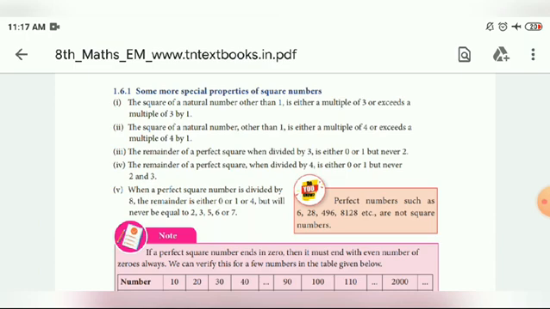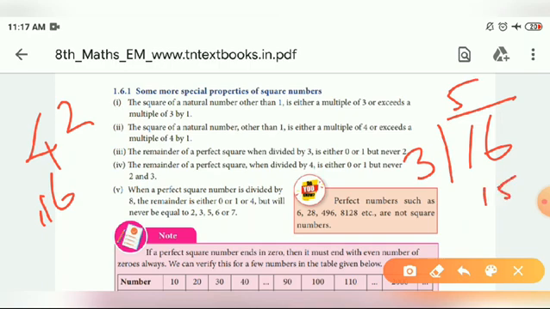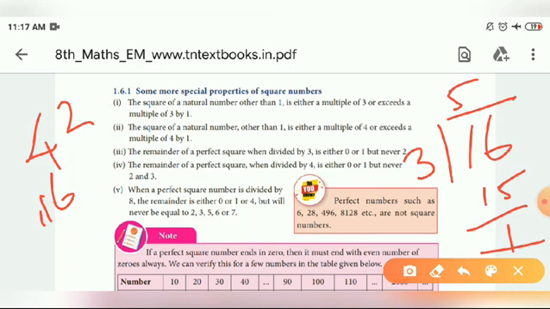For example, take 4 square, which is 16. Divide 16 by 3: 5 3s are 15 and the remainder is 1. So if you divide a perfect square by 3, you get a remainder of either 0 or 1 but never 2. This is the third property.